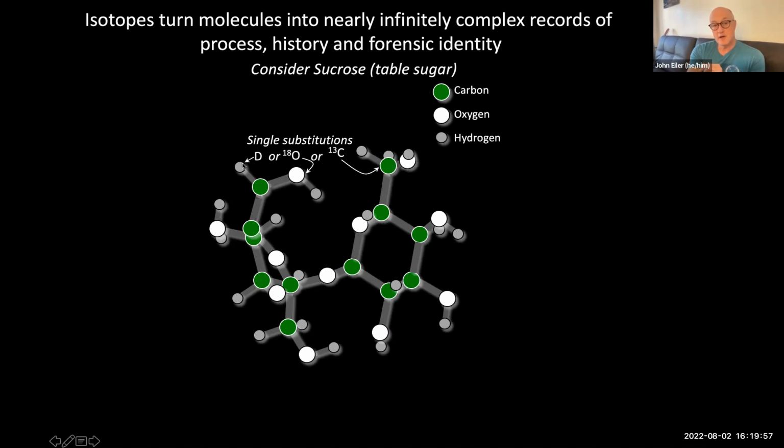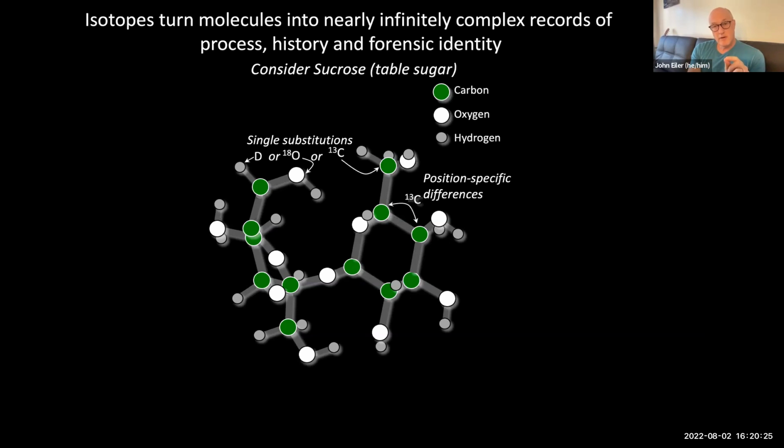Or I might have a 24 in 7,000 chance of a single deuterium atom somewhere in this molecule. Or I might have a 12 in 500 chance of a single atom of oxygen-18, a rare isotope of oxygen, somewhere in this molecule. But then we have to consider that the different atomic positions in this molecule are not symmetrically identical.